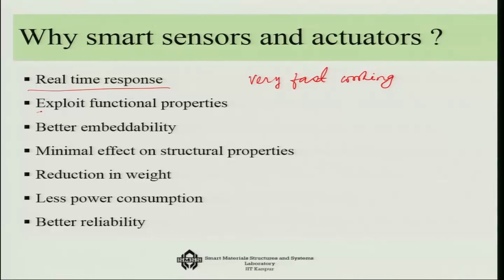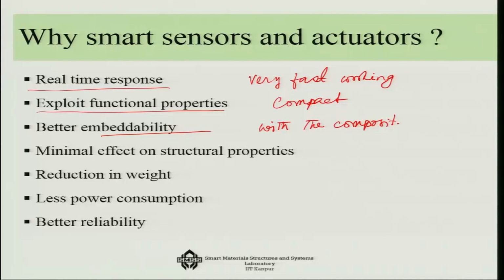It exploits the functional properties. That means a material works both as a mechanical load-carrying system as well as doing functional work. So it makes the system very compact, and it has better embeddability with composites. I told you already that with the advent of composites, smart materials applications increased like anything.